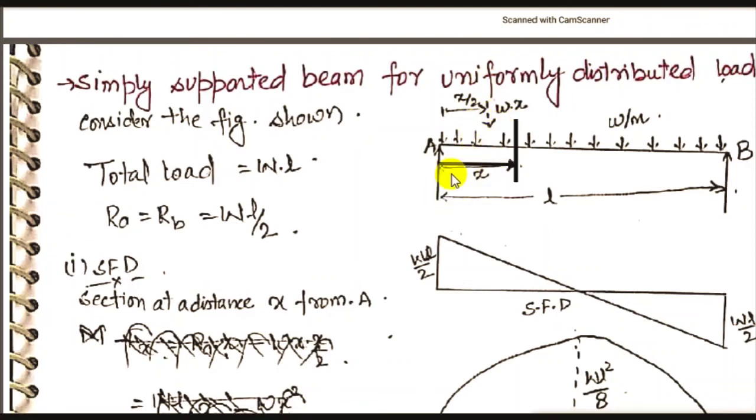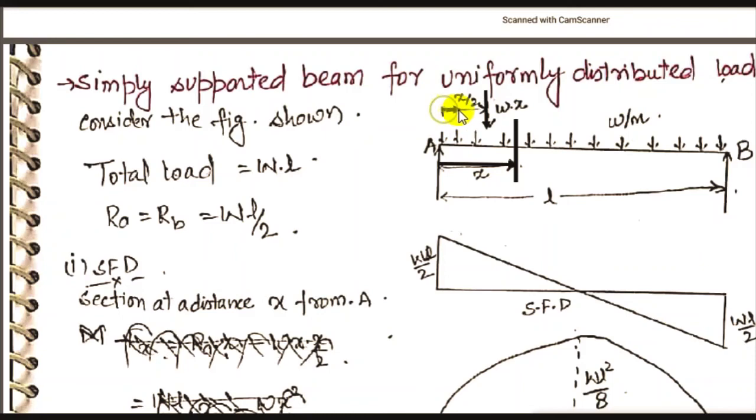So RA into X minus W into X, total load is W into X, and acting at a distance of X by 2.